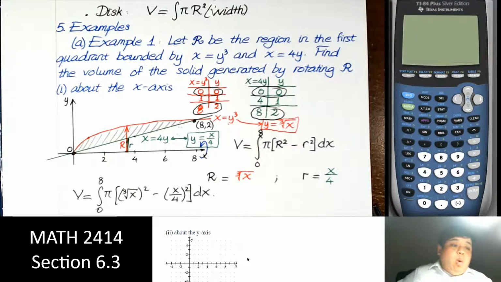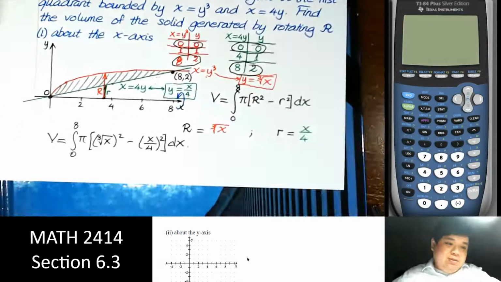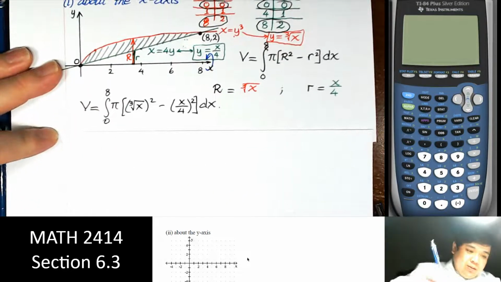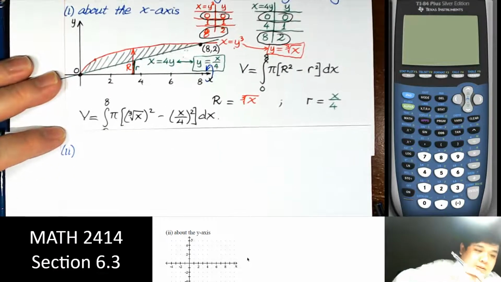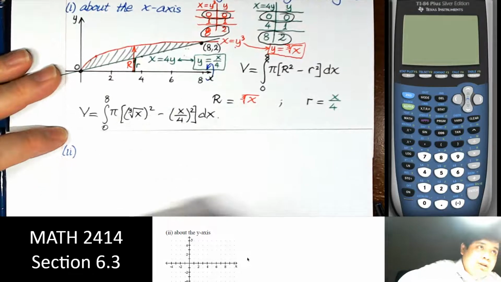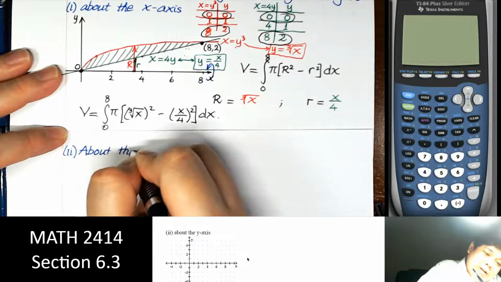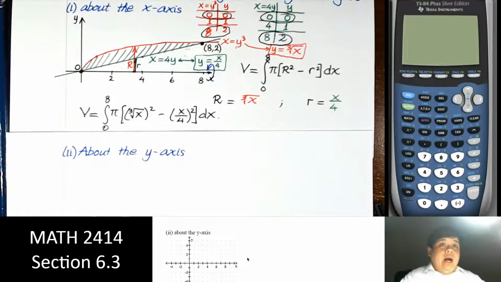Right. Next we want to rotate the same thing, but this time about the y-axis. By the way, when we rotate about the x-axis and the y-axis, the volume may or may not be the same, but usually not.